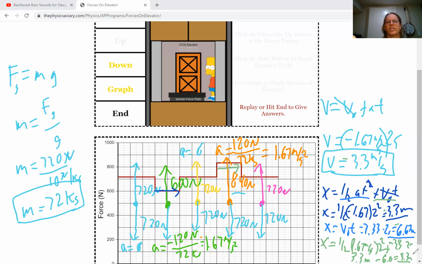So the grand total is 13 meters when I summed up all 3 distances, the 3.3, the 6.7, the 3.3, and sure it's negative because we're going downwards, a negative 13 meters.